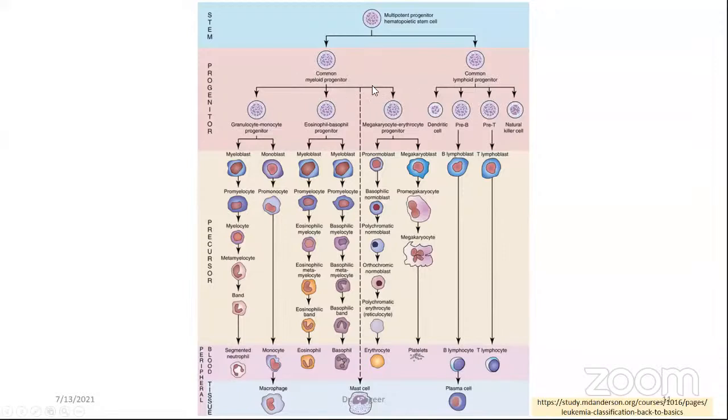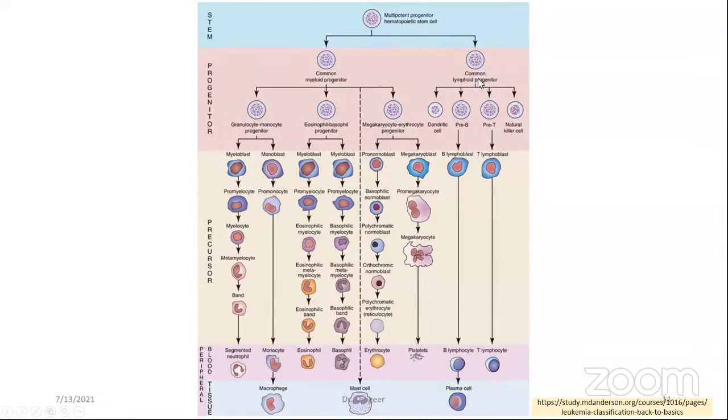The common myeloid progenitor creates three types of progenitors: granulocyte-monocyte progenitors, which give rise to neutrophils and monocytes and macrophages; the eosinophil-basophil progenitor, which gives rise to eosinophils and basophils; and megakaryocyte-erythrocyte progenitors, which give rise to platelets and erythrocytes.